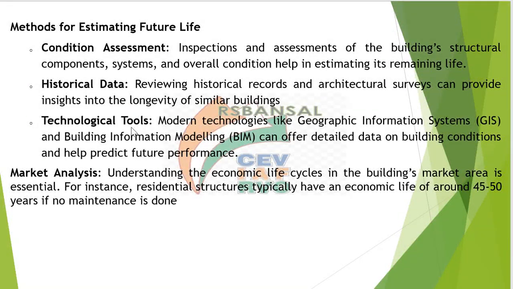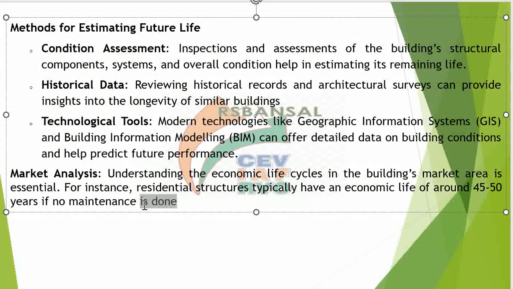Then technological tools, such as geographical information systems and building information modeling, can help predict future performance of the building. Based upon that, you can do market analysis. Understanding the economic life cycle in the building's market area is essential. For instance, residential structures typically have an economic life of 45 to 50 years if no maintenance is done.